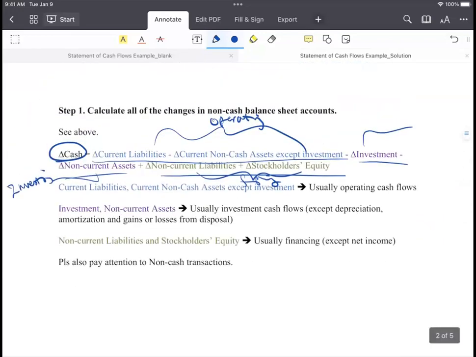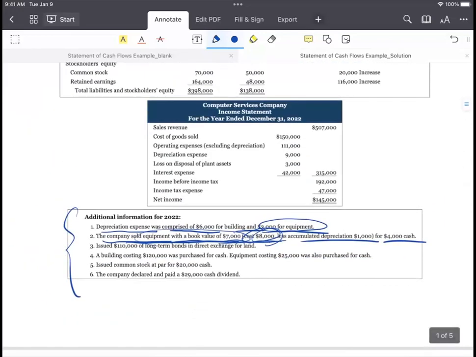If we keep reading this additional information, it says the firm issued 110,000 long-term debt, a long-term bond, in direct exchange for land. After reading this, we know this is a non-cash transaction. And a building costing 120,000 was purchased for cash.